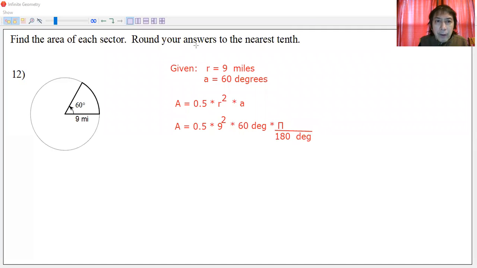There. All right, we shall write the numbers first. Is equal to 0.5 times 9 squared, which is 81, times the 60, times the pi, okay, and then this is to be divided by 180 there.